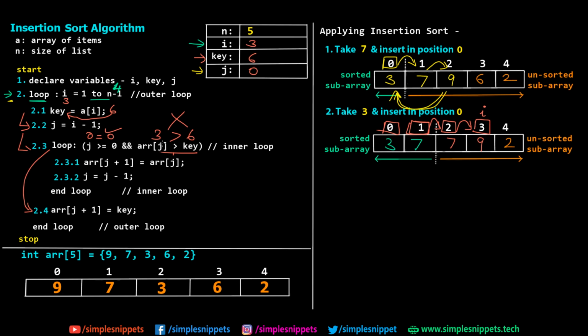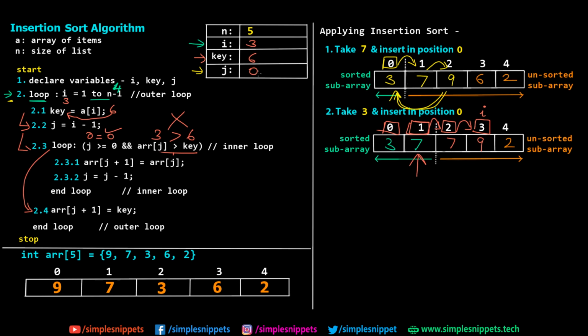Now why did this become false? Because we don't want 6 to come before 3, right? 3 is smaller than 6, but 6 is smaller than 7 and 9. So technically 6 should be positioned over here. That's why we say ARR of j plus 1 equals key, and that's why we did not reduce the value of j.